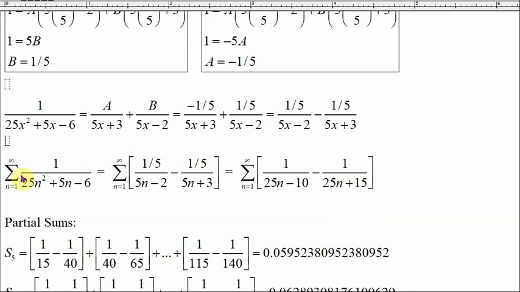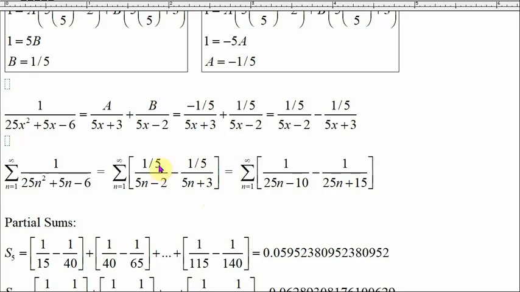And hence the original infinite series, we can rewrite this as 1/5 over 5n minus 2 minus 1/5 over 5n plus 3. To get rid of the fractions here, multiply the top and the bottom by 5.